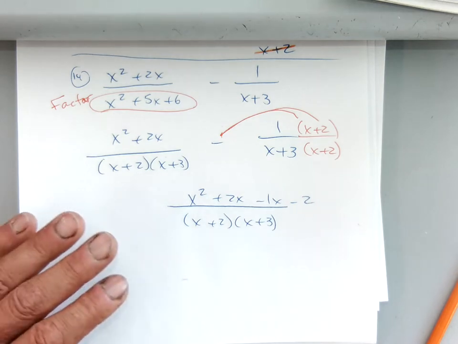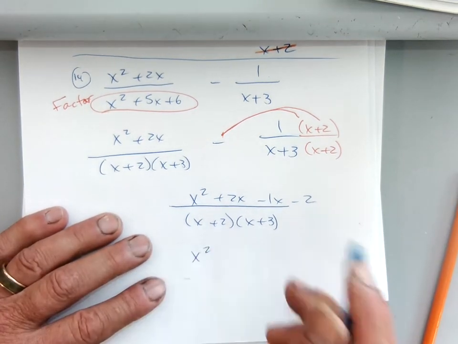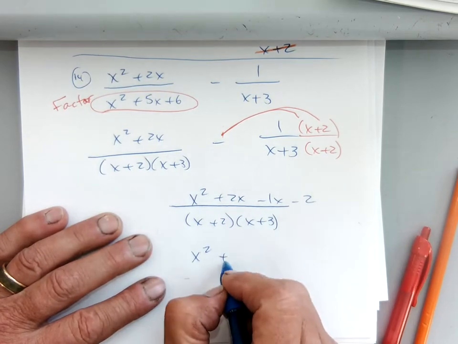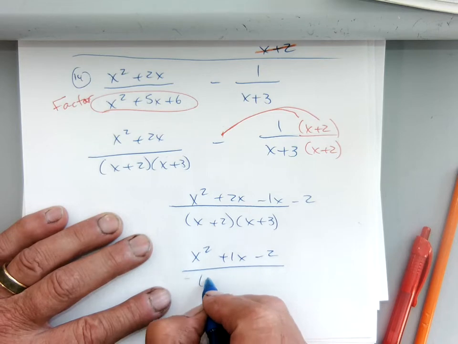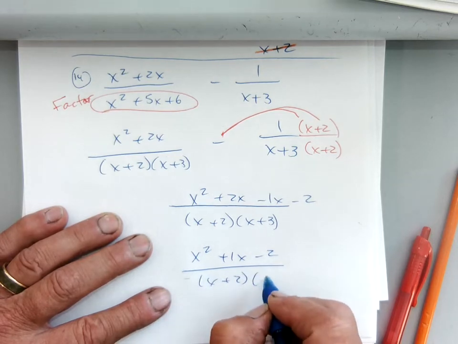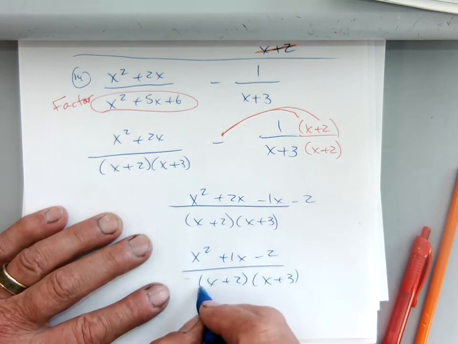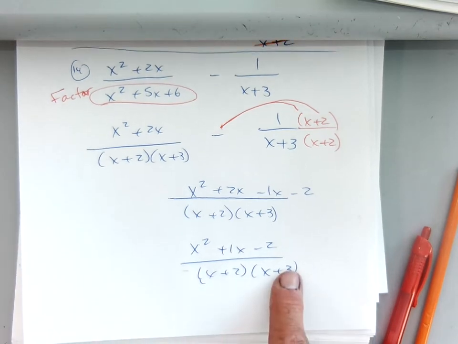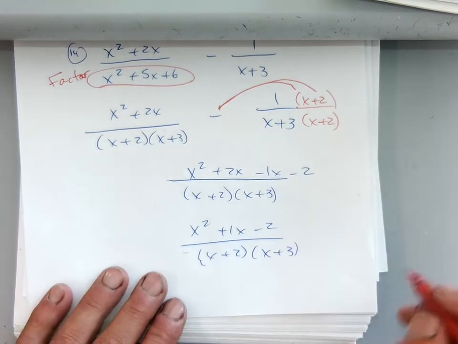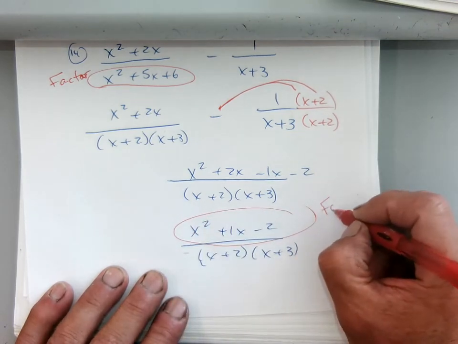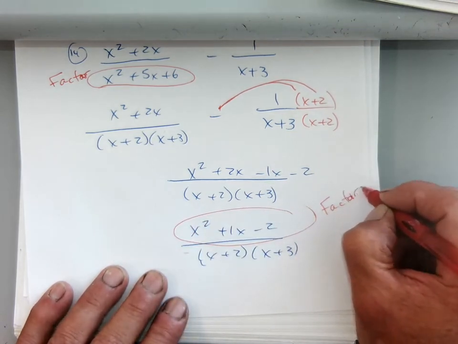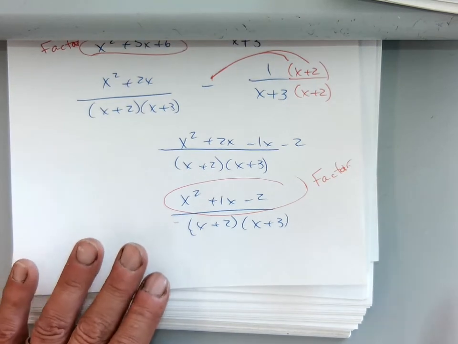Now that's going to be an x squared plus a 1x minus 2 over an x plus 2 times x plus 3, okay? All right, I think this will factor. I think that one will factor.